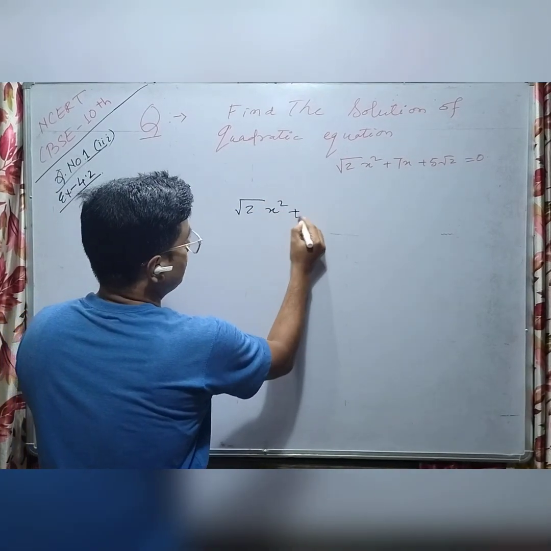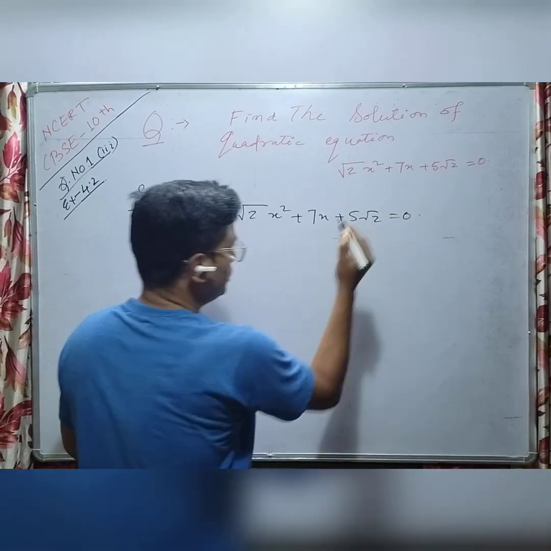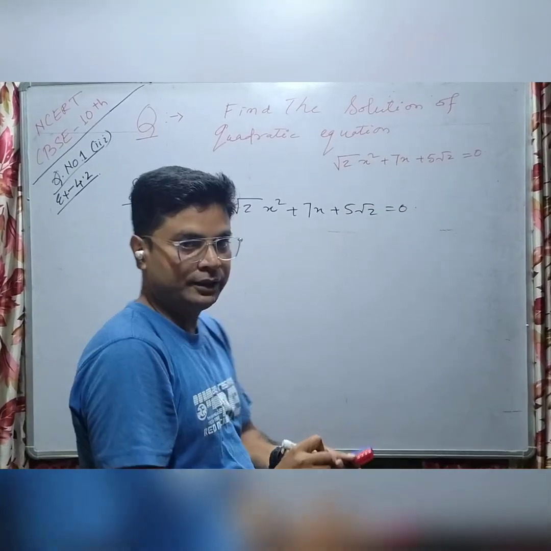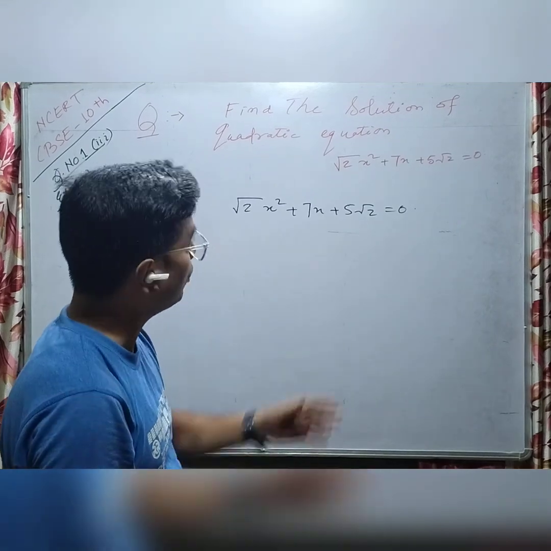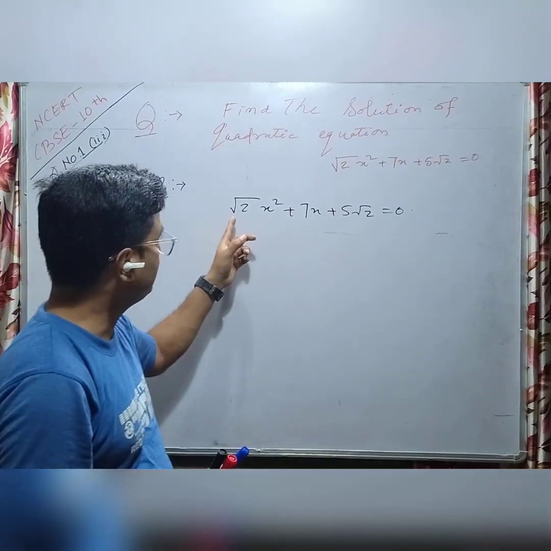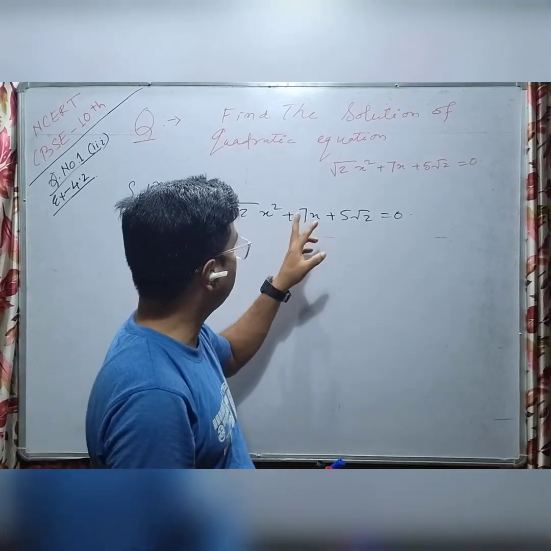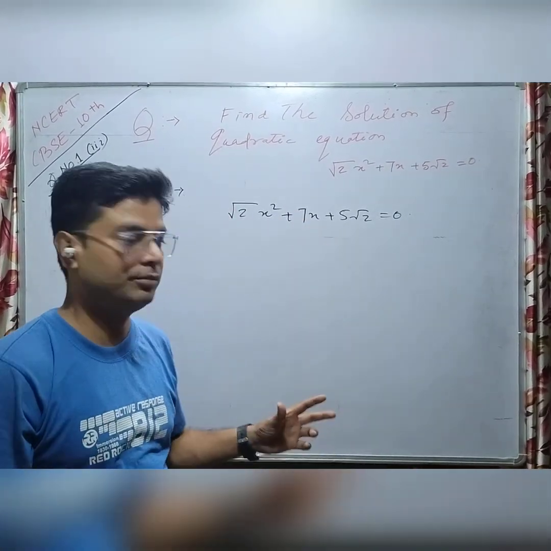Root 2 x square plus 7x plus 5 root 2 is equal to 0. Students, I have already told you how to factorize a quadratic equation. First, I will multiply the first term and the last term, and then the middle term will be split into two different numbers.